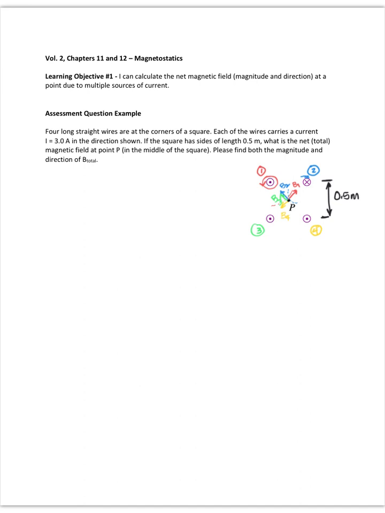All right, so I've drawn all my magnetic fields. All the magnetic fields have the same magnitude, and the reason for that is because my distance is always the same from point P to the wire, and all the wires carry the same amount of current.